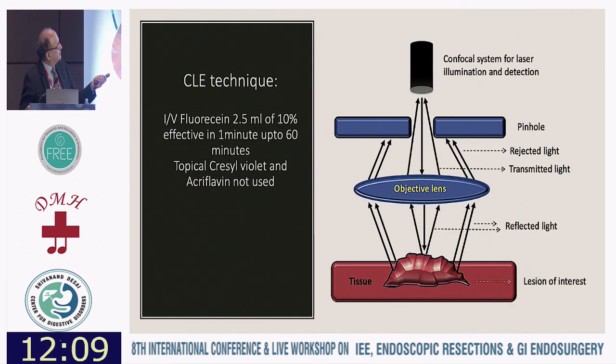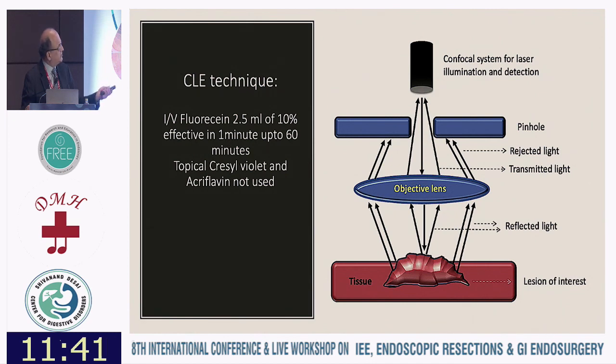The basic principle is that you try to project a low power laser onto the lesion through a pinhole, and then you give intravenous fluorescein. Earlier we used to use topical cresyl violet and acriflavine, but we all know that acriflavine has some teratogenicity, so it has some mutagenic potential, so it is not being used anymore.